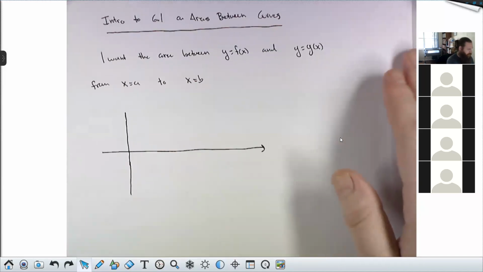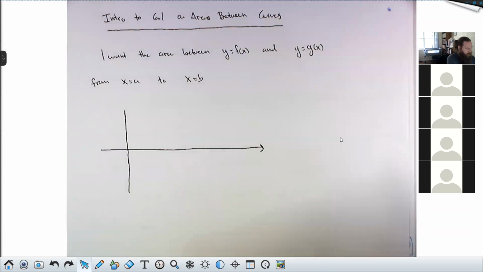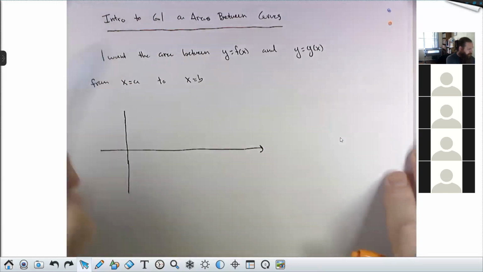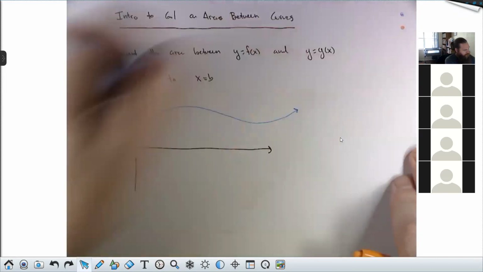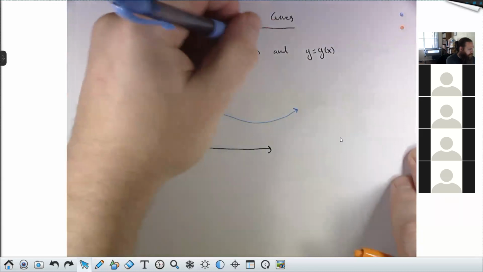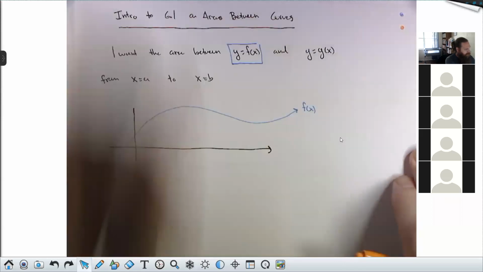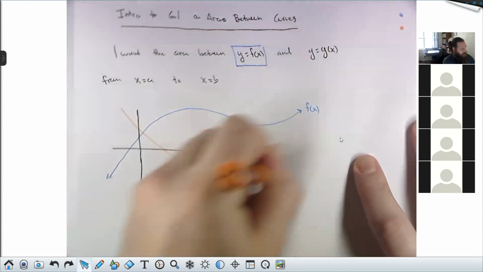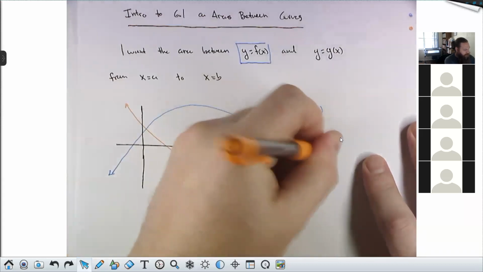So let's do color stuff. Let me see what colors I have that are working here. Blue, that works well. Is orange alive? It is. All right. Pains me to put these colors together, but we are in Gainesville, so let's do it. Let's say the blue here is f of x, and the orange here is g of x.